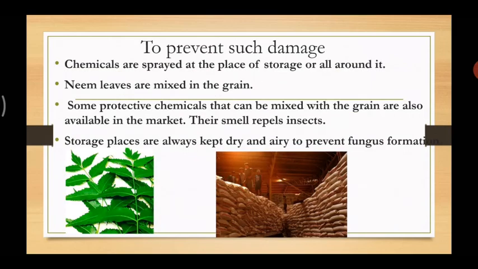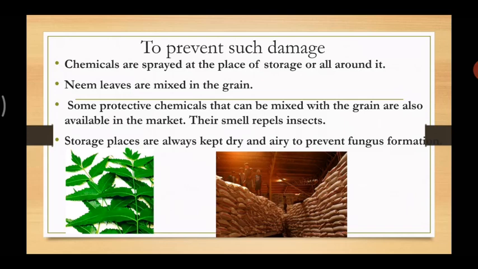Now, how to prevent crops from such damage? How will you prevent the crops from such damage? For this, chemicals are sprayed at the place of storage. That means wherever these sacks are kept, chemicals are sprayed in that place. There is another method also. Neem leaves are mixed in the grain.